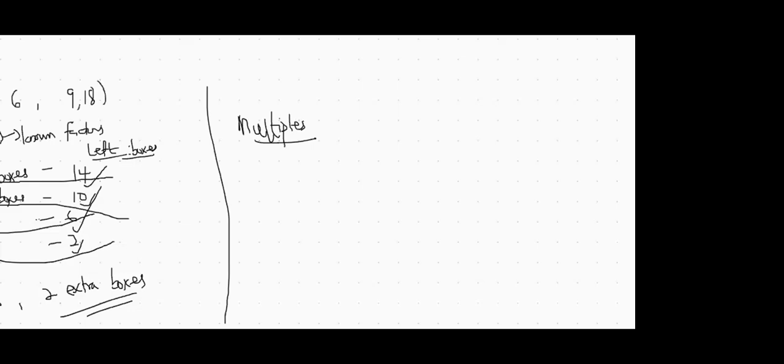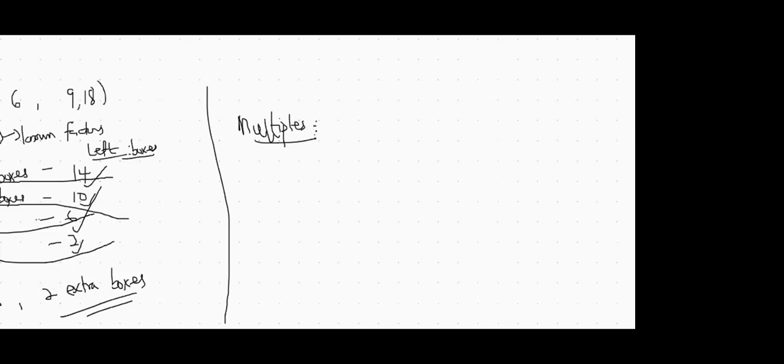Beyond factors, we also have multiples. Now, what are multiples? Multiples are simply the results or the product when you multiply a given number by counting numbers or natural numbers.